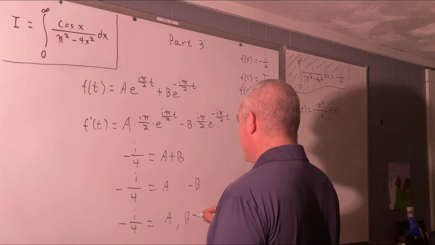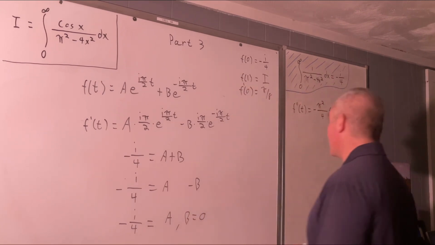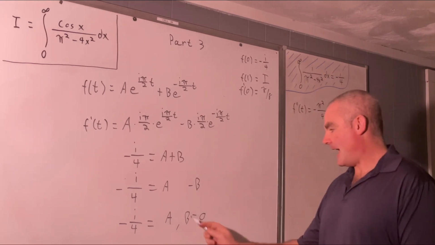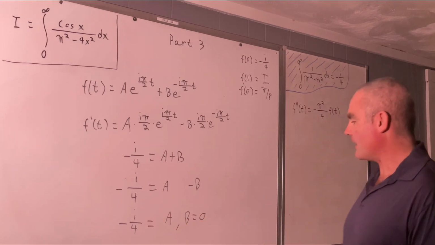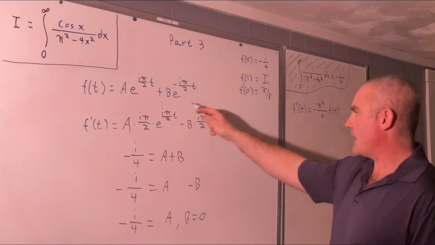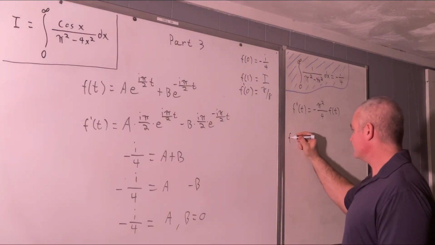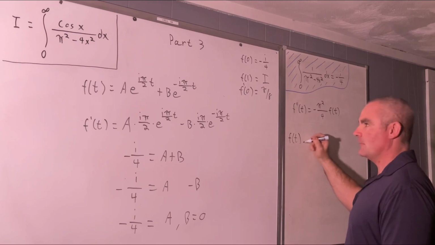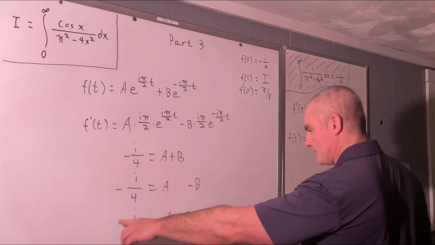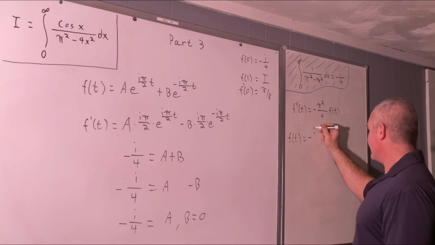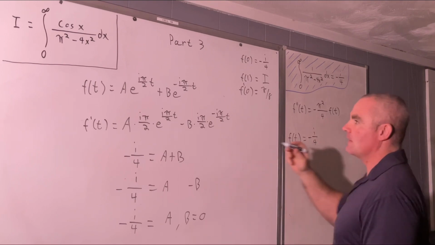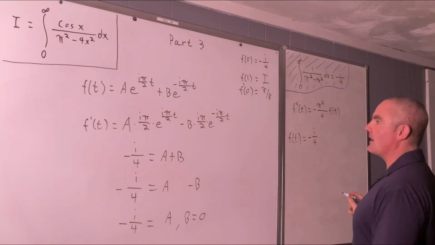So, plugging a equals negative i over 4 and b equals 0 into our f of t, we are left with f of t being equal to a, which is negative i over 4, times e to the i pi over 2 t.